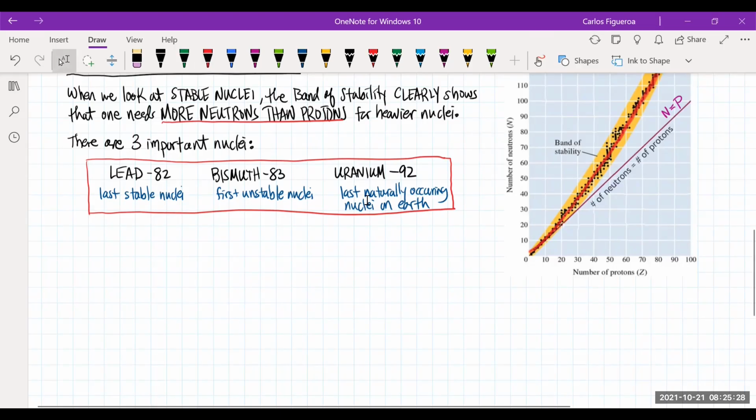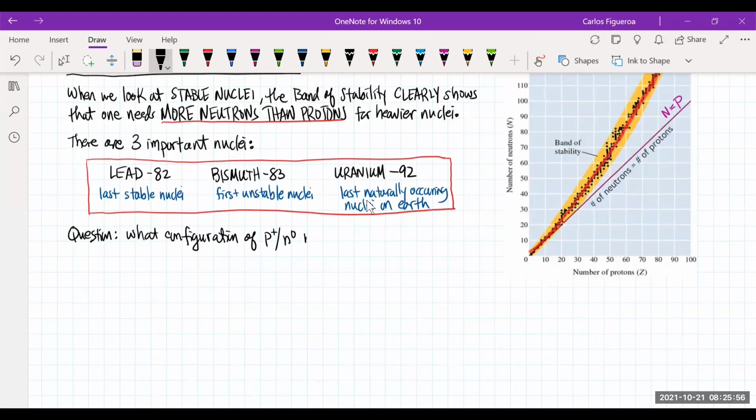So the first thing that we want to do here is ask this question as we try to look at this neutron-proton ratio. This is what drives it. What configuration of protons and neutrons makes nuclei stable? There has to be some combination, right?